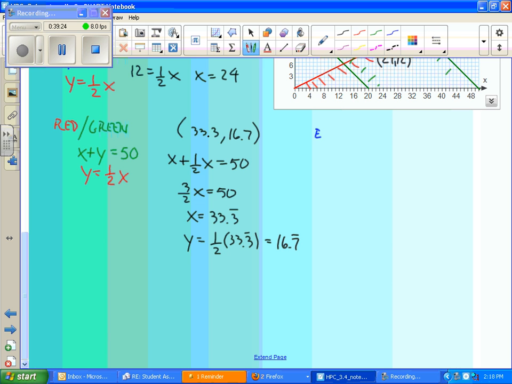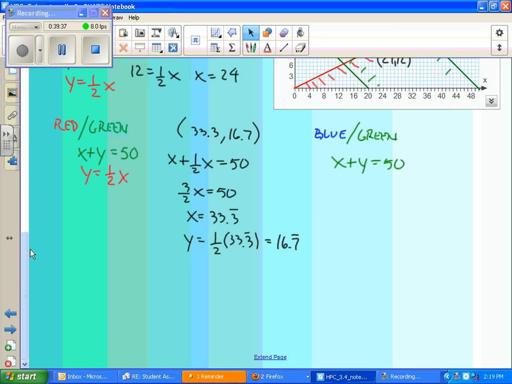Green. And once again, x plus y equals 50, and y equals 12. So we get x plus 12 equals 50, or x equals 38.